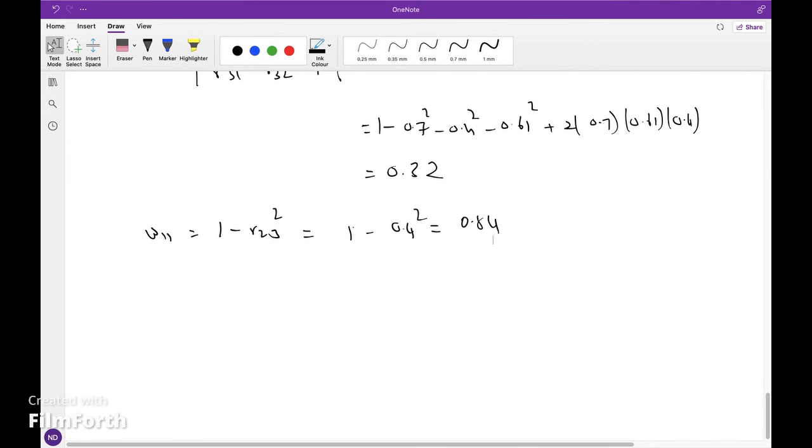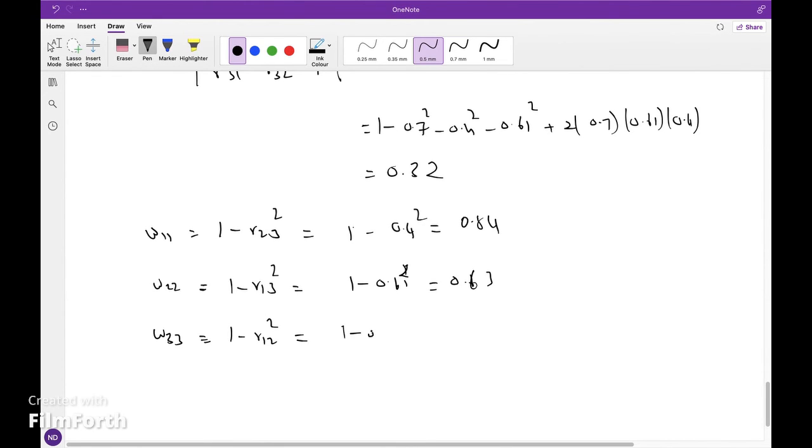Similarly, omega 22, the cofactor of omega, is 1 minus r13 squared, that is 1 minus 0.61 squared, which is 0.63. Omega 33 is the cofactor in omega, 1 minus r12 squared, that is 1 minus 0.7 squared, which is 0.51.